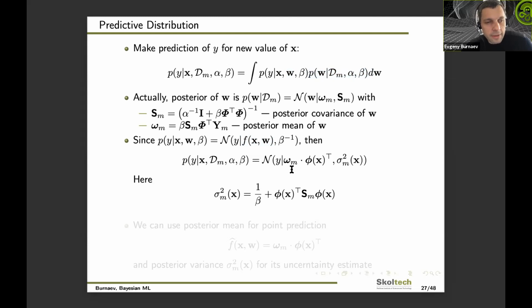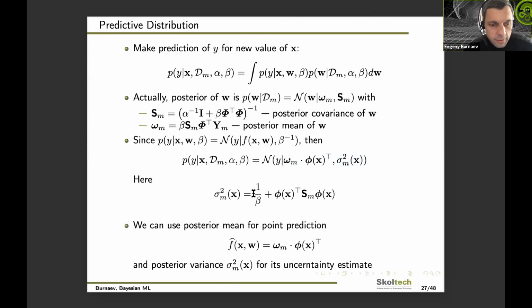And it's obvious that the mean value of this Gaussian distribution will be given by the mean value of this posterior distribution P of W multiplied by the vector of basis functions. So this result here is quite obvious, I think. But what is not super obvious is the posterior variance of the predictions, and it is given by this formula.